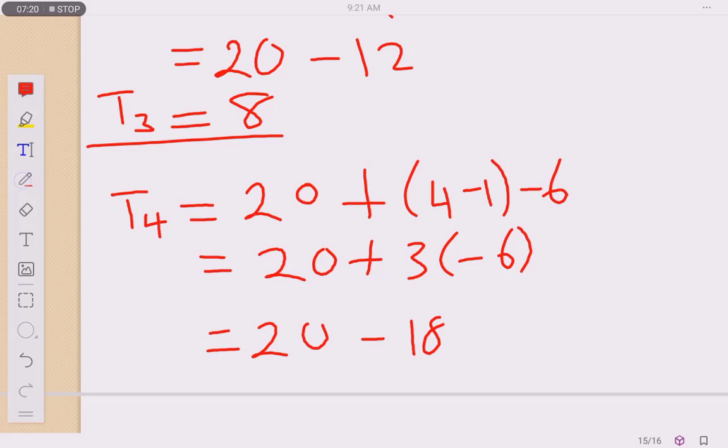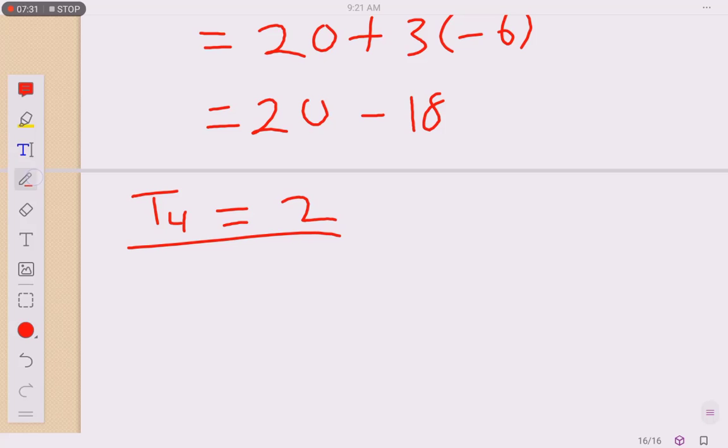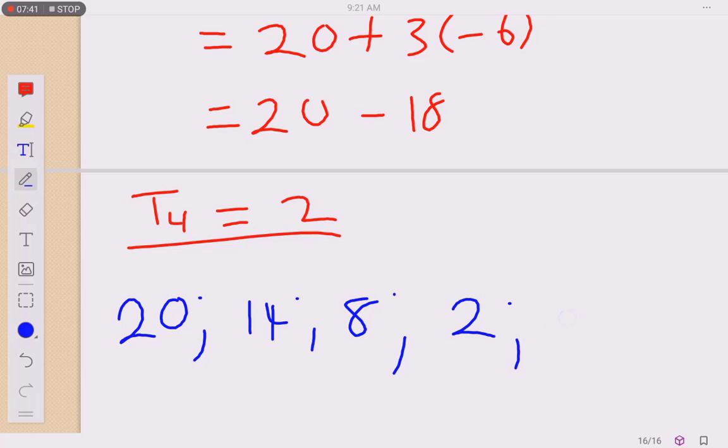So our T4 is equal to 2. So the sequence becomes, at the end of the day, 20, 14, 8, 2, then we have minus 4, minus 10, up to minus 16, and so on. That's our sequence now.